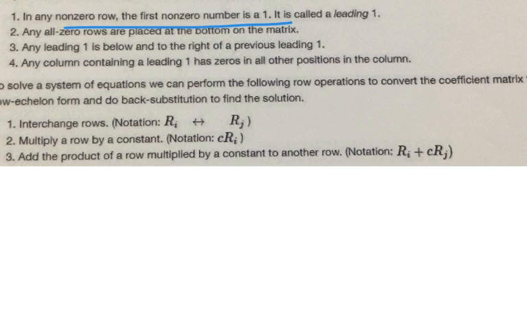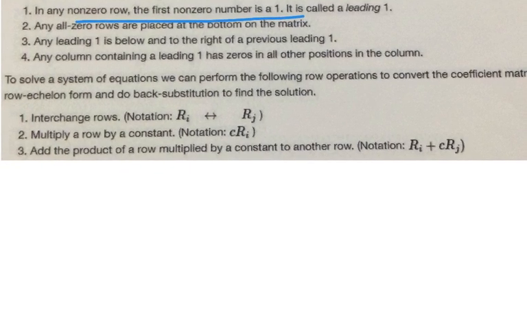So that's just helping get the ones in a diagonal. And 4, any column containing a leading 1 has zeros in all other positions in the column. Okay?